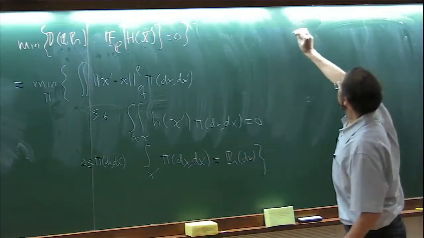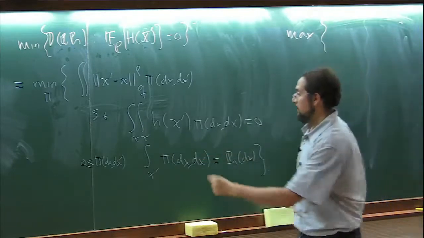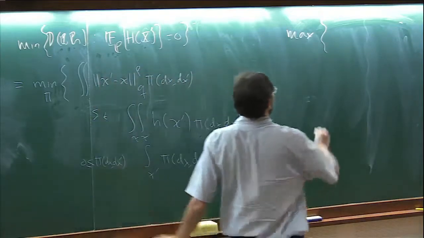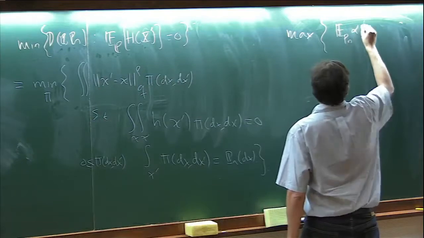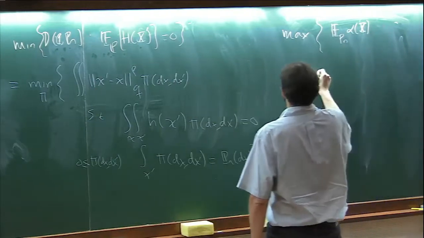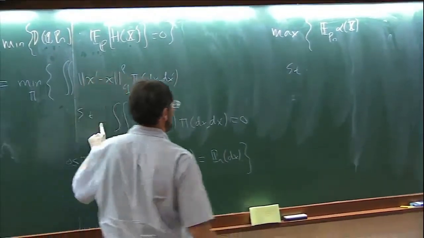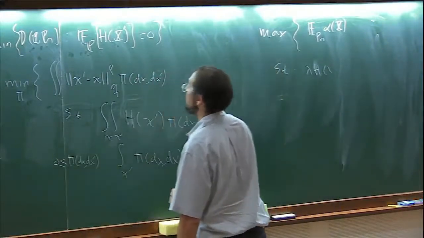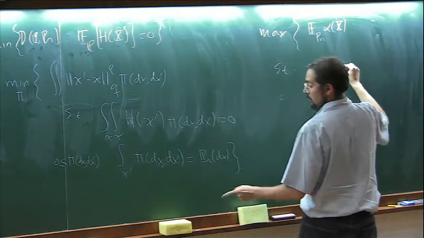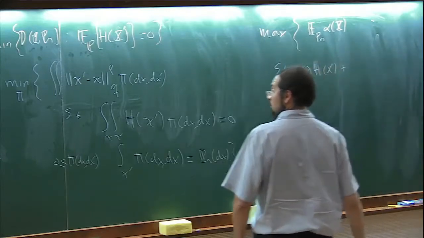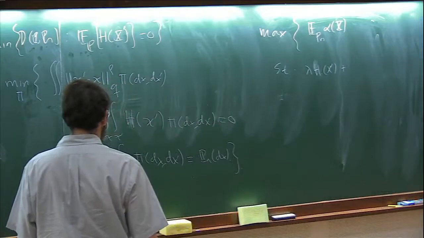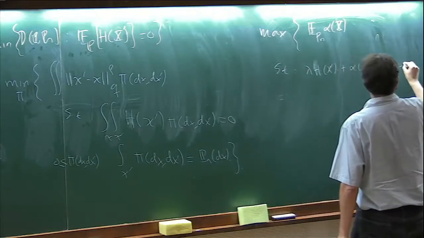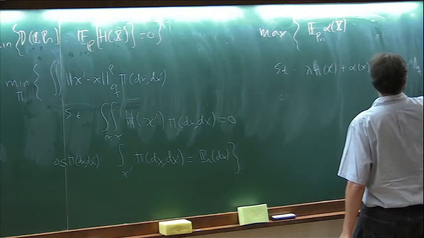The dual problem is maximize the dual variable, so it's lambda times 0 is 0, and so this is the integral of alpha Pn dx, so that's alpha Pn, subject to the constraint that lambda h, this is capital H, lambda h(x prime) plus alpha(x) less or equal to norm of x minus x prime to the power q to the power rho.